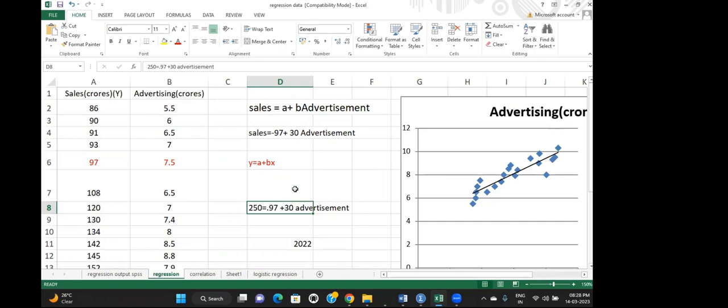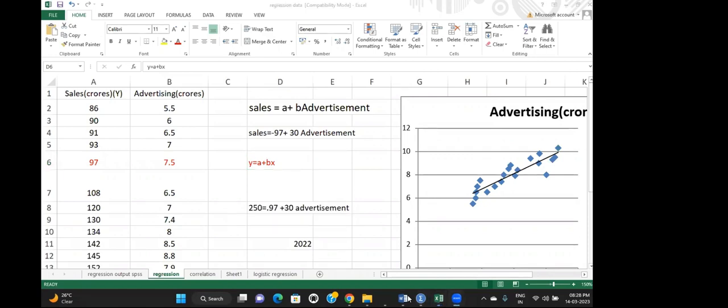So this is what we can forecast in future. This is how the regression equation helps us to understand. I hope this is clear to all. Please raise your hands if this is clear.